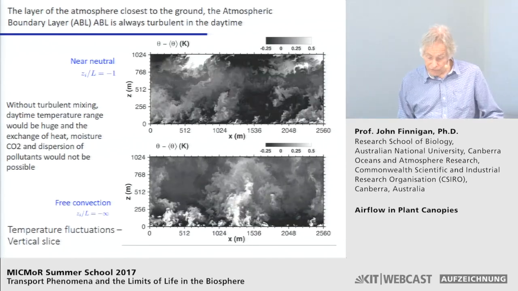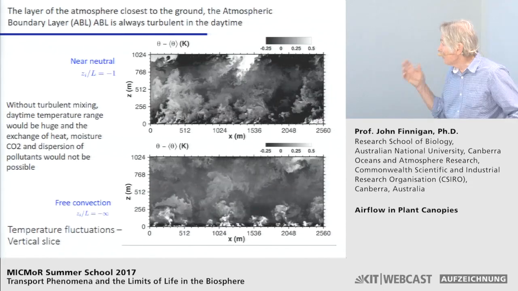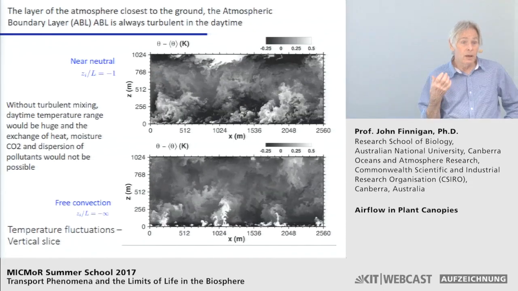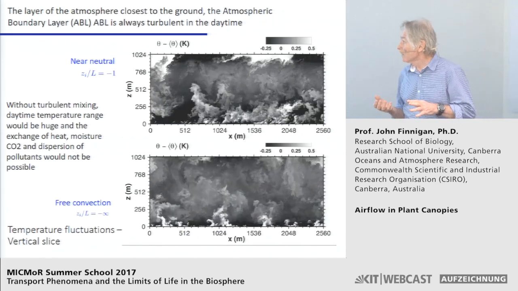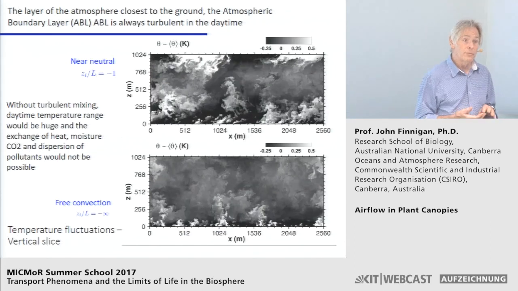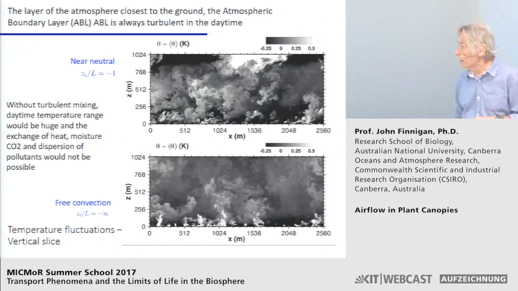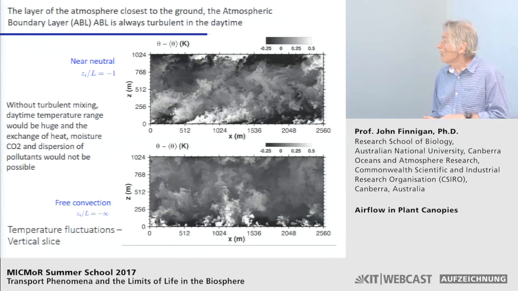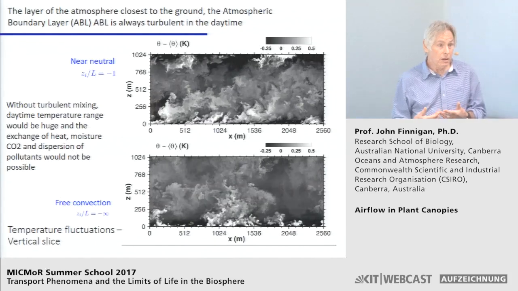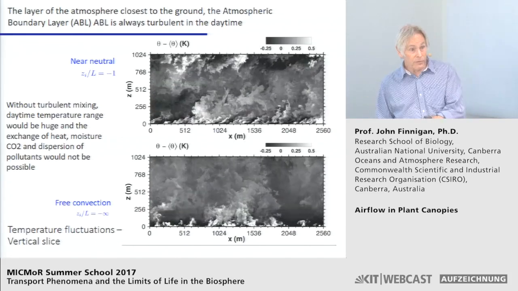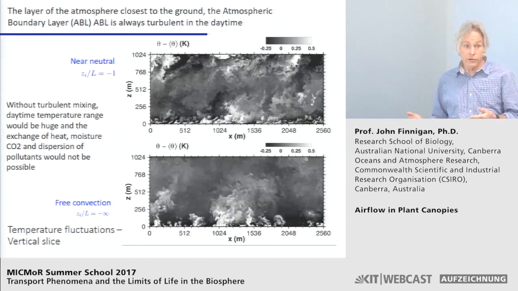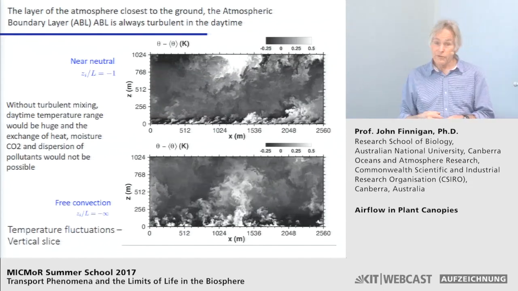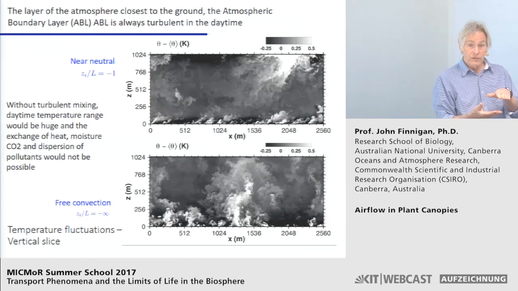We'll come back to say a lot more about this, except the critical point in terms of limits to life are that without turbulent mixing, the daytime temperature range will be much, much larger than it is now, our day and night temperature range, and the exchange of heat, moisture, CO2 for plants and respiration, dispersion of pollutants will not be possible. In fact, the boundary layer, instead of being of order kilometers deep, will be of order meters deep.